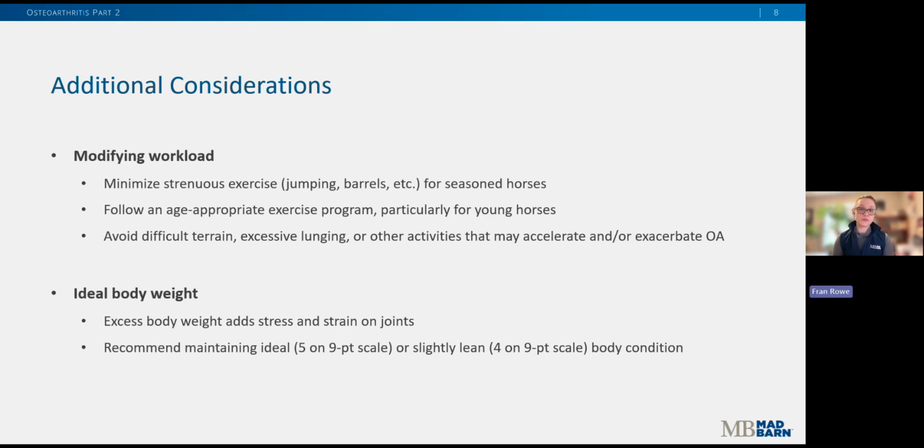It's also really important to remember that body condition is a key factor in supporting joint health. So excess body weight adds a lot of stress and a lot of strain on joints. So for horses with osteoarthritis, it's recommended to maintain them at a lean to ideal body condition. So that's 4 out of 9 or 5 out of 9 on the Henneke scale.